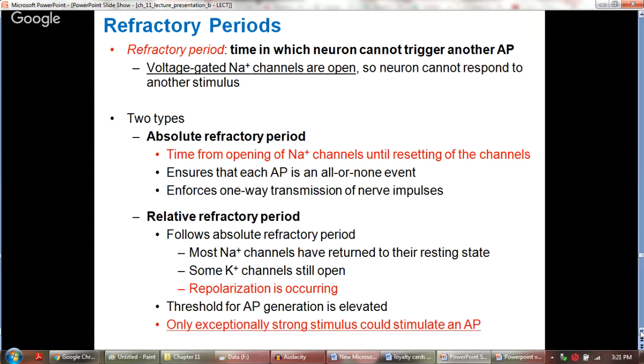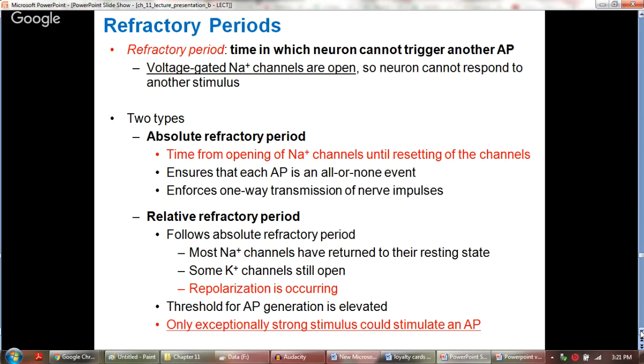There's another important term called the refractory period. It is defined as the time in which neurons cannot trigger another action potential. During this period, voltage-gated sodium channels are open, so neurons cannot respond to another stimulus.